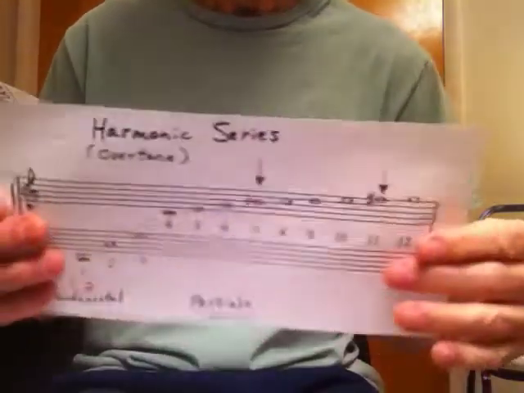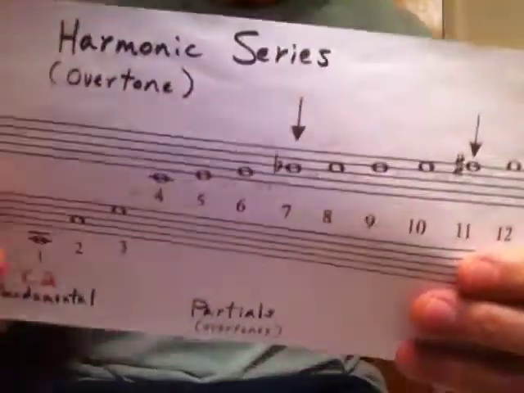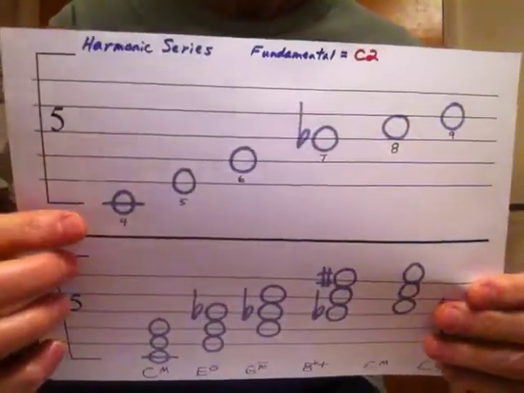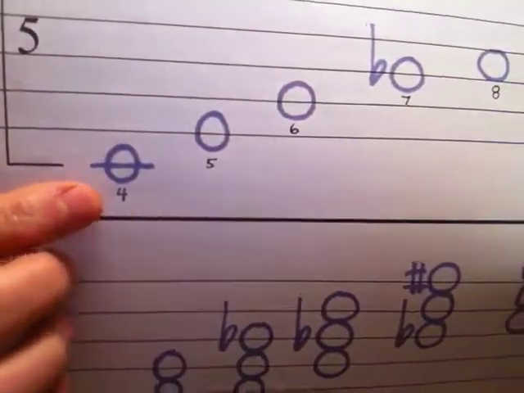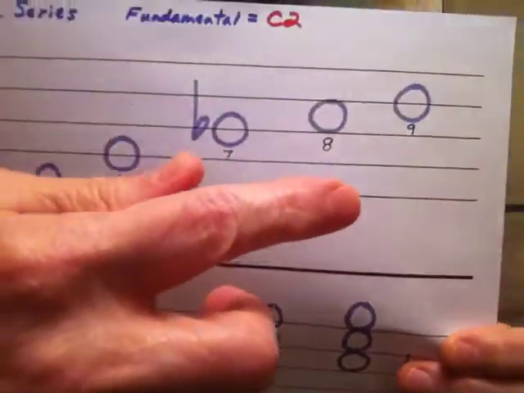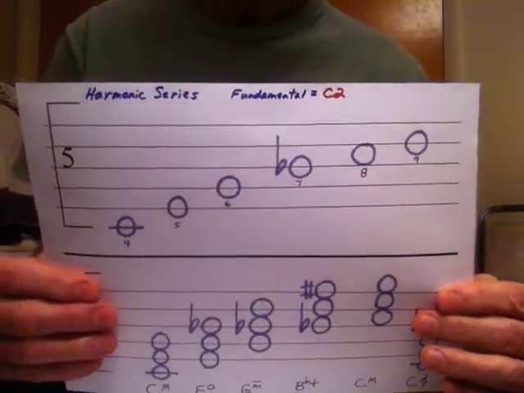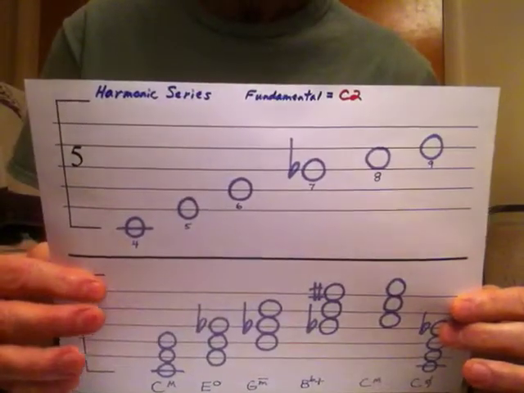The harmonic series occurs in nature, so it might be very important. Now, I blew up this little piece here, this section from here to here. I made it larger so you can see it better. Here's your fourth partial, and then all the way up to your ninth partial. I made it a little bit bigger so you can get an idea of how it looks full size.